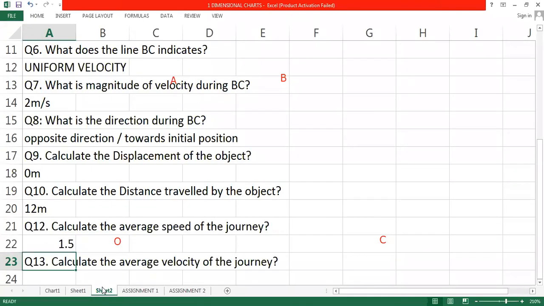Now this one. Calculate the average velocity. Very good.